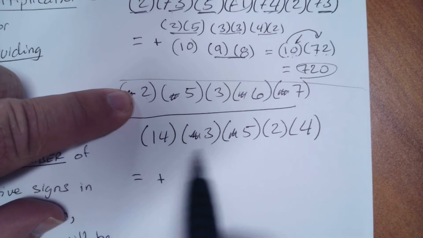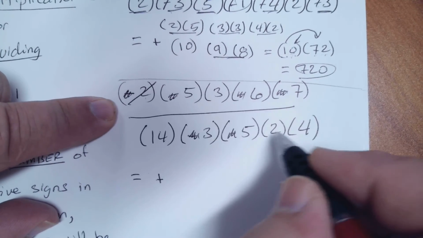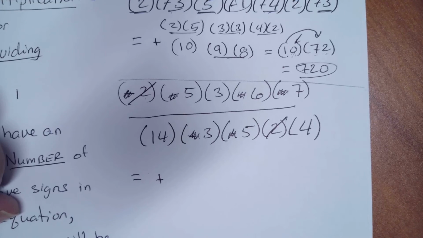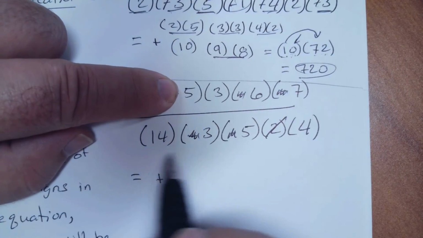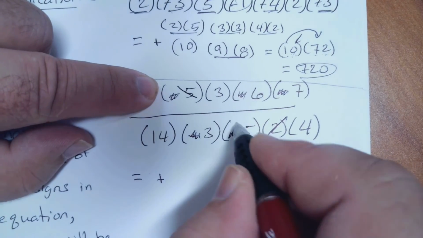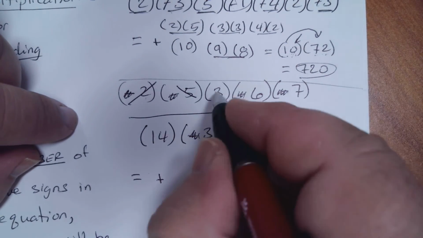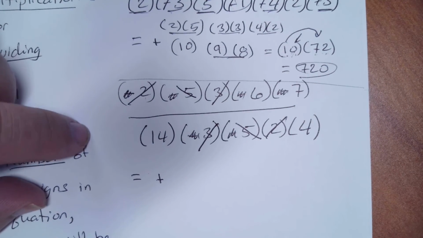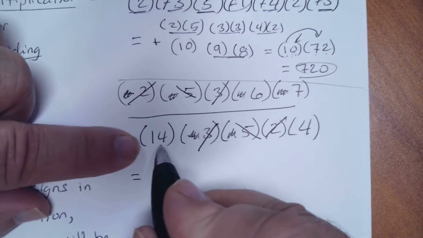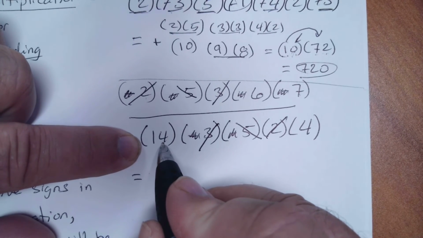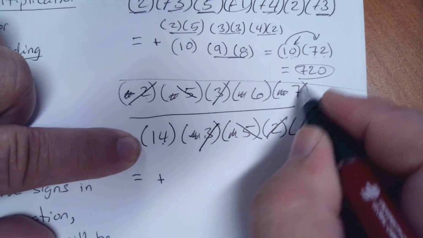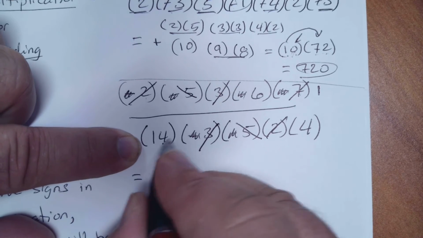Is there a 2 on the bottom? So those 2 cancel. Is there a 5? So those 2 cancel. There's a 3. Oh, here's a 7, here's a 14. 7 goes into 7 one time. 7 goes into 14.